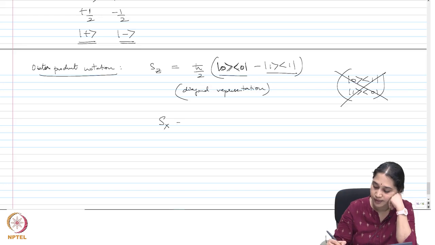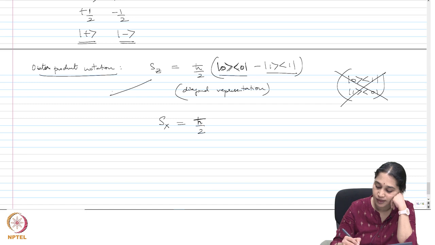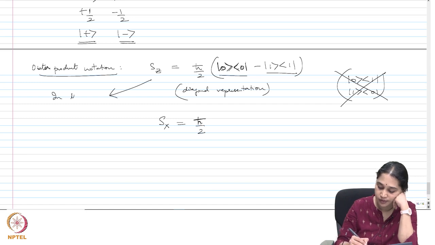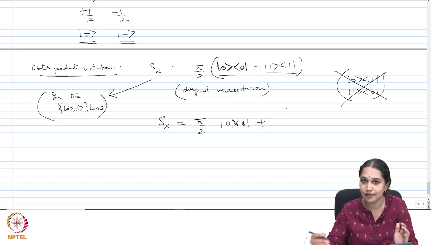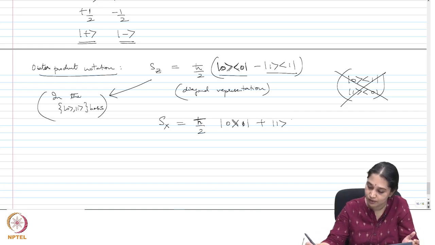Now if I write down Sx, remember that the fact that Sz is diagonal in the 0, 1 basis means that I am writing down all these operators in the 0, 1 basis. Sx in this basis does not look diagonal. In fact, it has exactly these two off diagonal terms which did not occur in the Sz outer product representation.